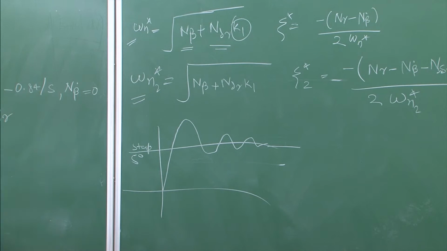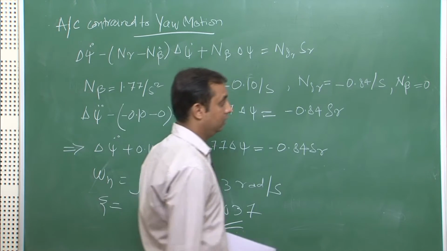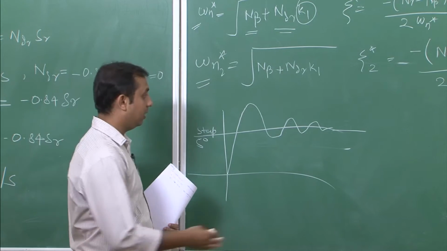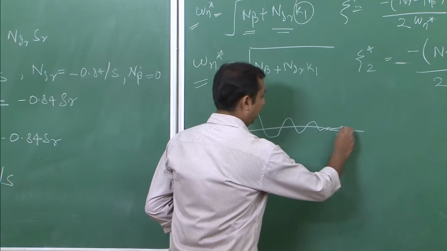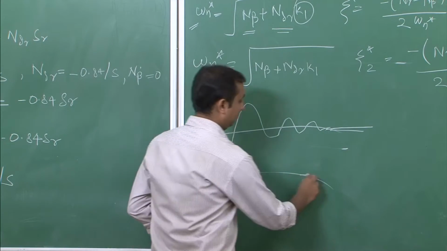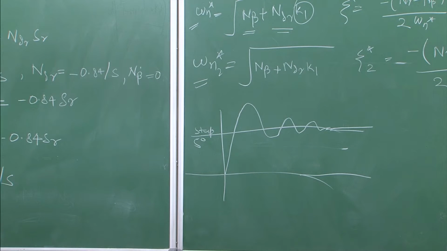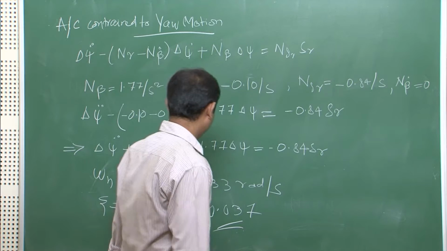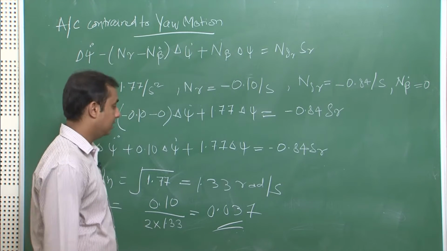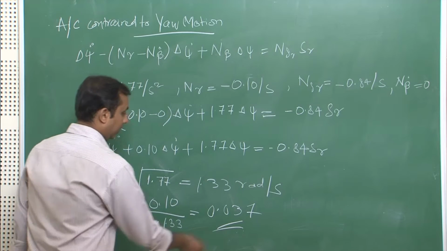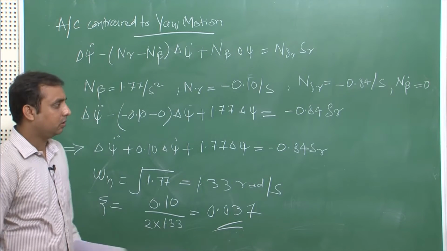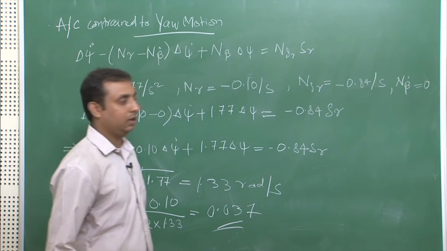Since your damping ratio is very small, the oscillation will sustain for a very long time, and it will take a very large time to settle down. So this is not a desirable property in terms of controlling an aircraft or stability of an aircraft. The pilot wants the oscillations to die rapidly. So what we'll be doing, we'll be using a stability augmentation system to change the value of zeta to some desired value, so that the oscillations die quickly and the response is better.